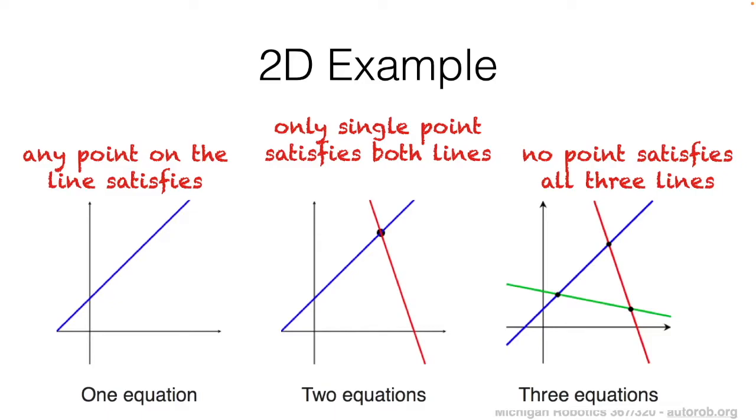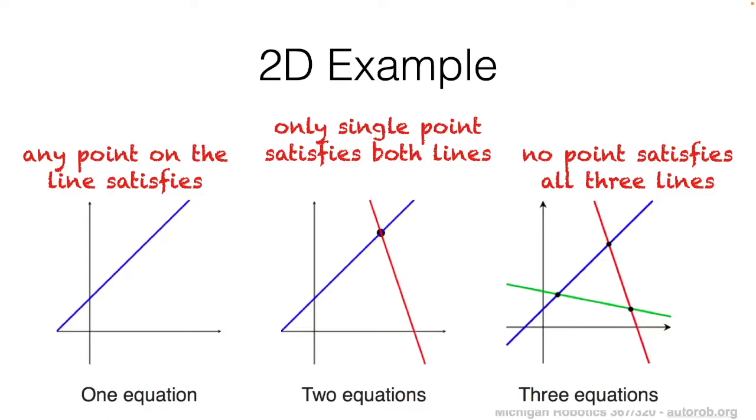All right, so the middle column was the case we looked at on the last slide, where we have 2 equations and 2 unknowns. So you can think about that as 2 lines, and then the x and the y variables are the 2 unknowns. And so in this case, the lines intersect, so we have a single point that satisfies both equations. And then on the right-hand side, we're stepping it up a little bit, where we have 3 equations.